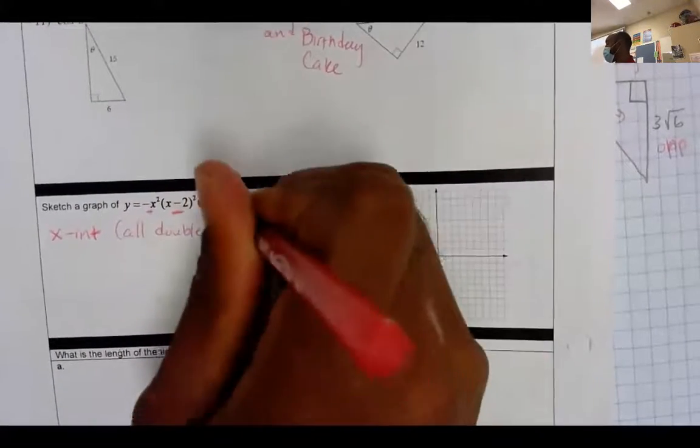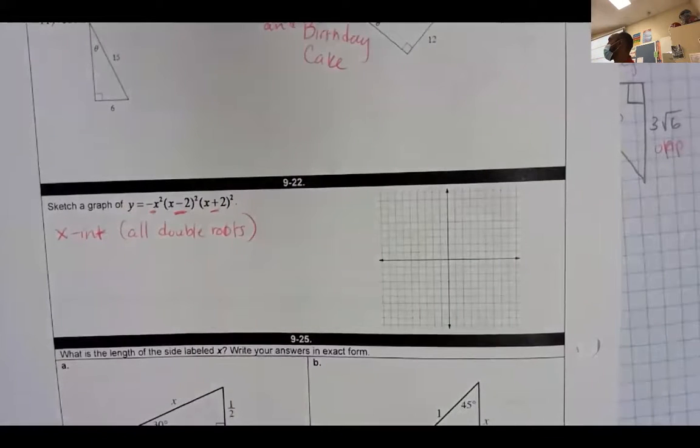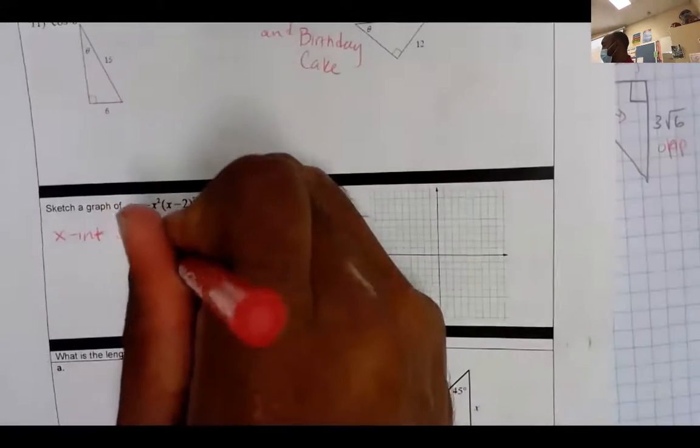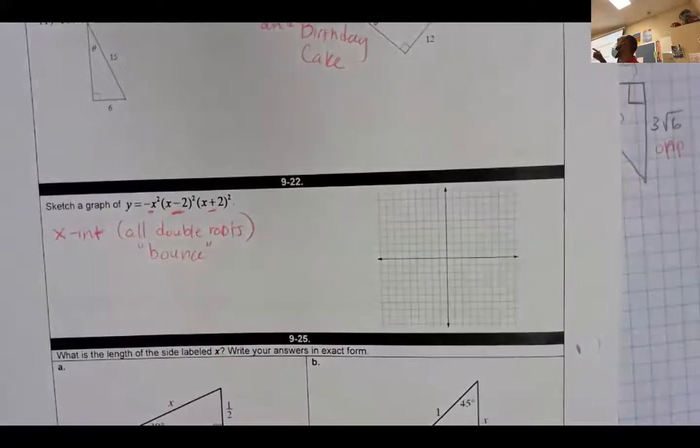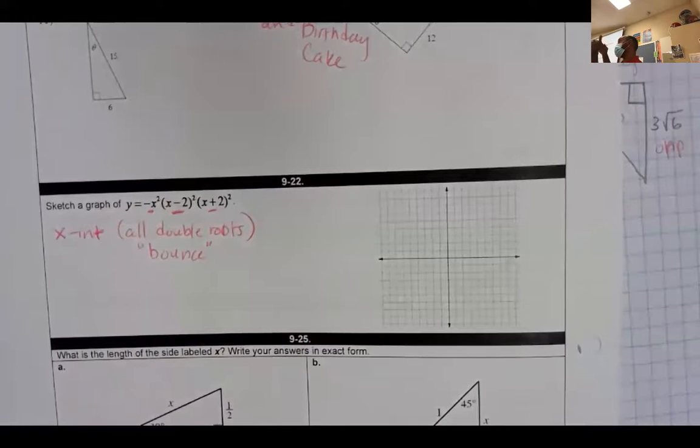If they're all double roots, what are they doing on the graph? They all bounce. That also means it does not cross through the x-axis. It's only going to be on one side, either above it or below it. What do you guys think? Do you think it's going to be above or below? How do you know?